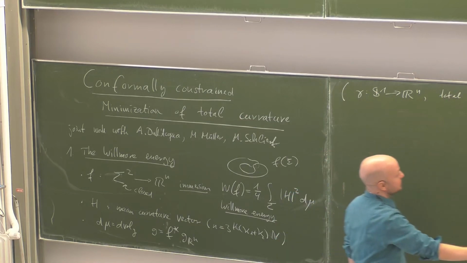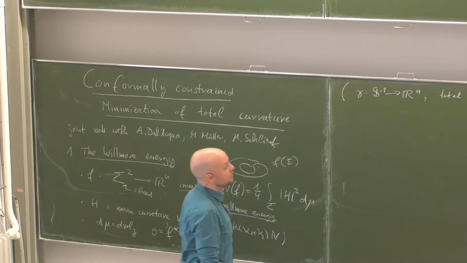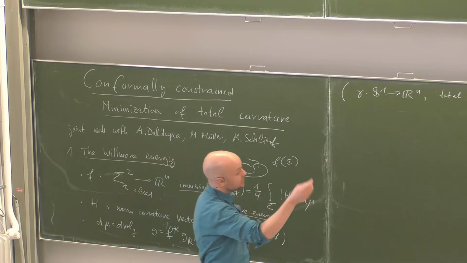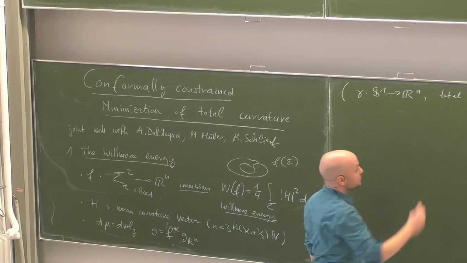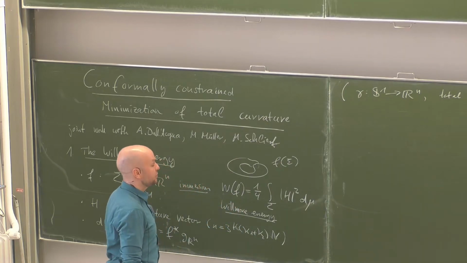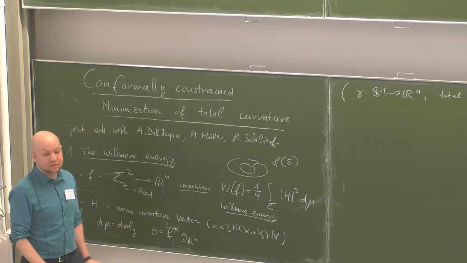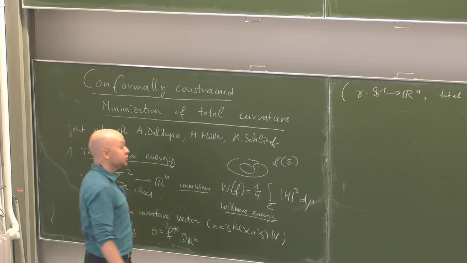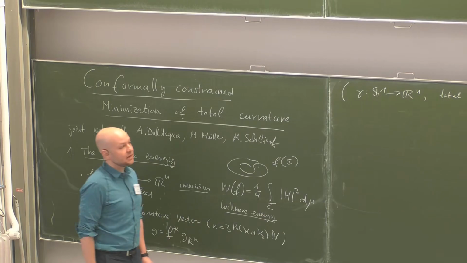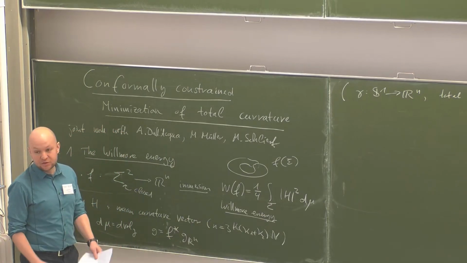This appears in many classical theorems like Fenchel's inequality or the Fary-Milnor theorem, and is related with many topological and geometric properties of curves. And here in 2 dimensions, it's maybe not immediate what one should choose, but we make the choice of taking the mean curvature here in the Willmore energy as a concept of total curvature for surfaces.